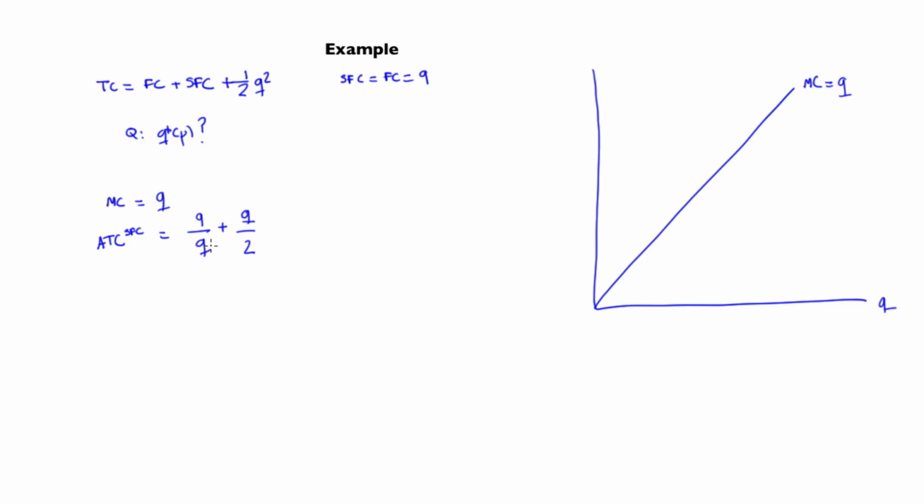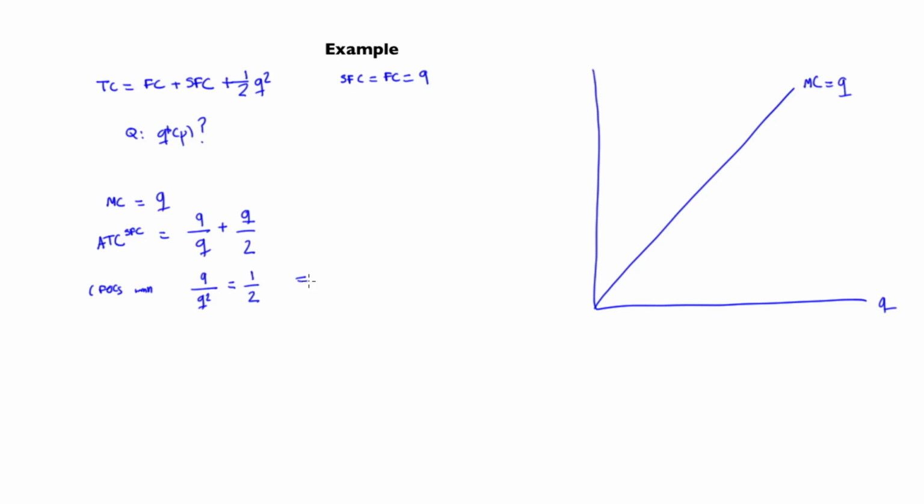Okay? Now let's see where the average total cost curve for SFC takes its minimum. We know that this curve is going to look like this, so the first order conditions guarantee the minimum. So the first order conditions for minimum are given by 9 over Q squared equal to 1/2.